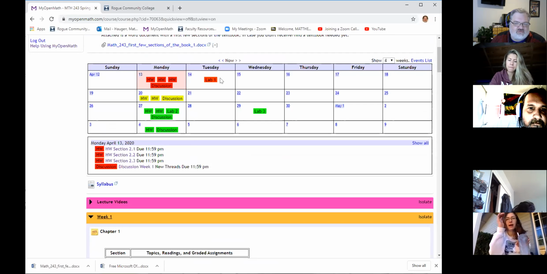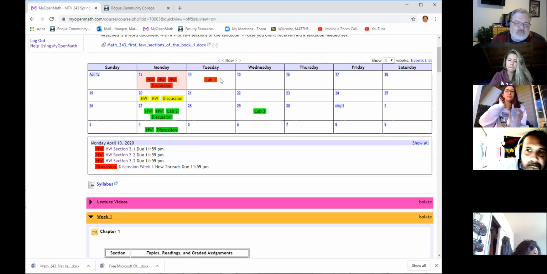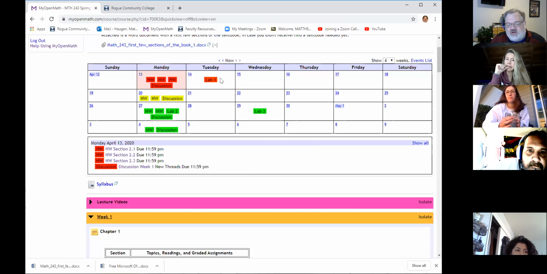I had a question about the labs. Yes, ma'am. Do we typically do them together as a class, and then after we're done with class, we work on them until we're finished, or can you start them ahead of time? You can start them ahead of time. If it's a lab day and you've looked over the lab and you're comfortable but want to do it later, go ahead and do that.